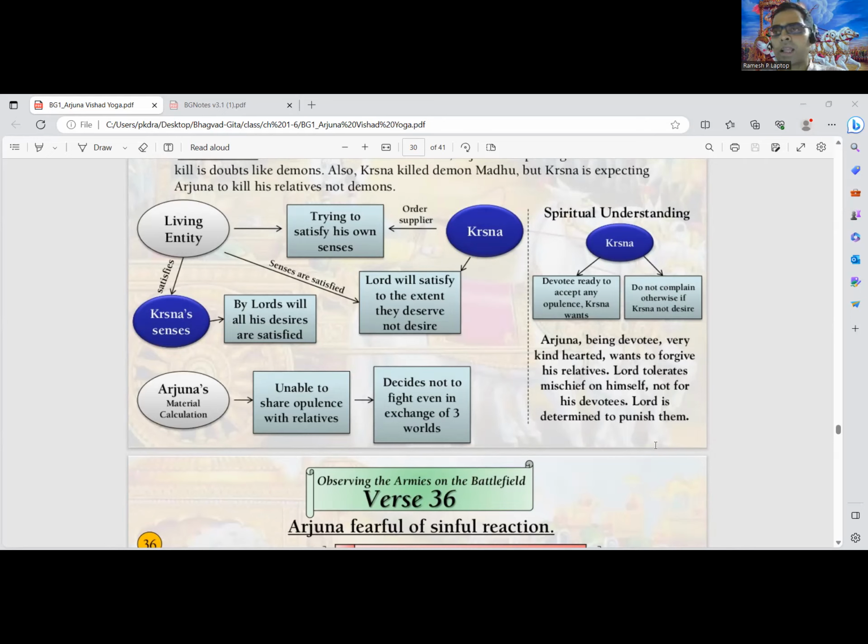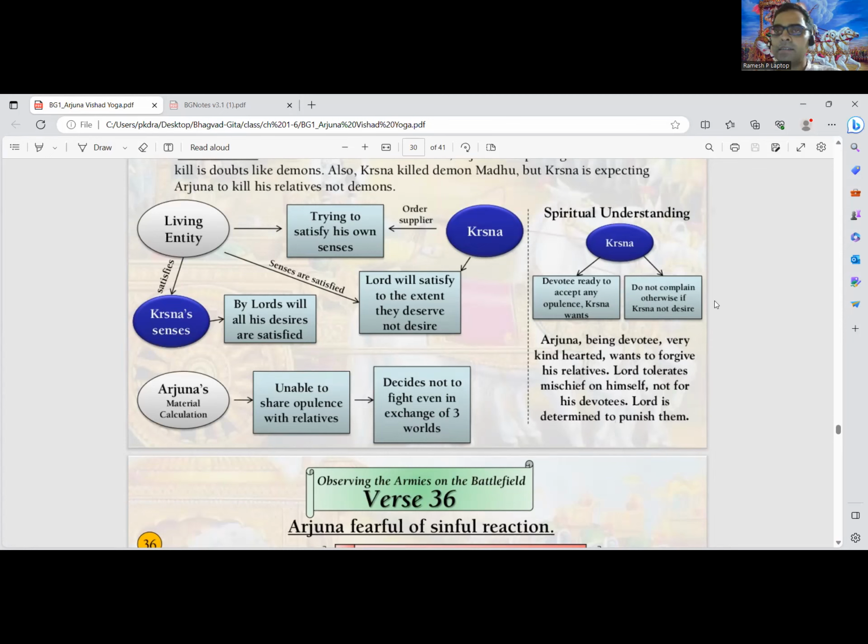There is even a Bengali proverb which people use: Rakhe Krishna Mare Ke, Mare Krishna Rakhe Ke. If Krishna decides to annihilate someone, no one can stop it, and if Krishna wants to save someone, no one can stop it.